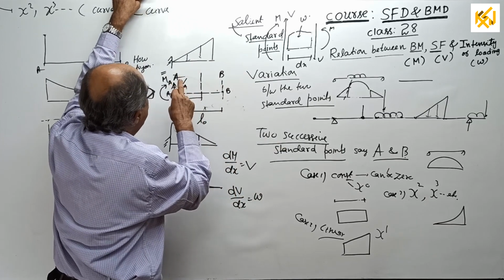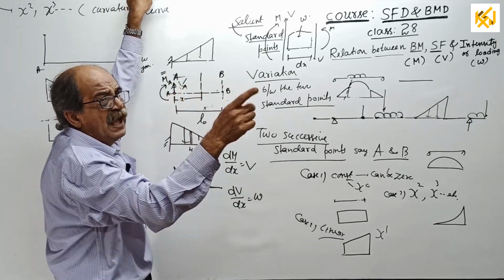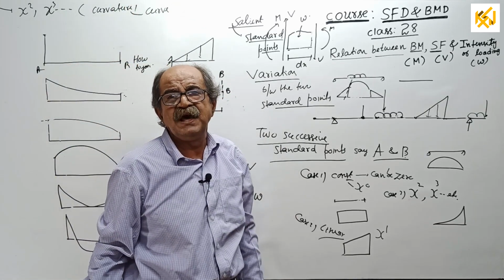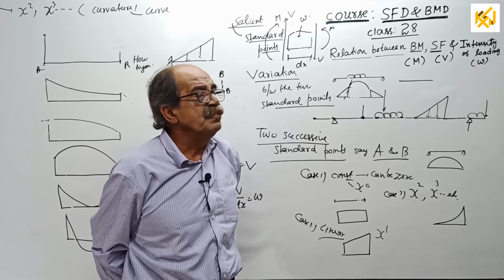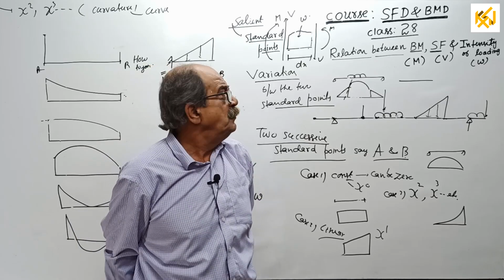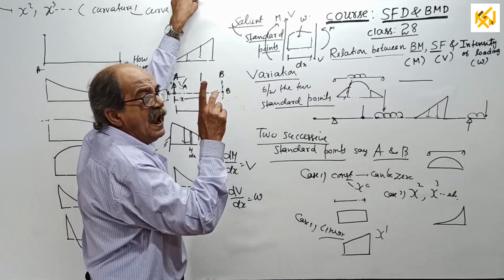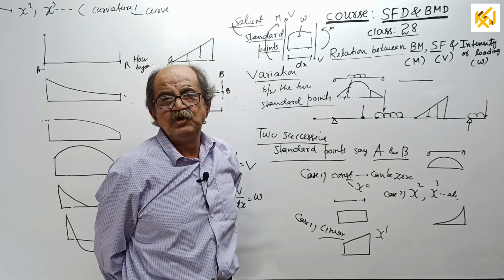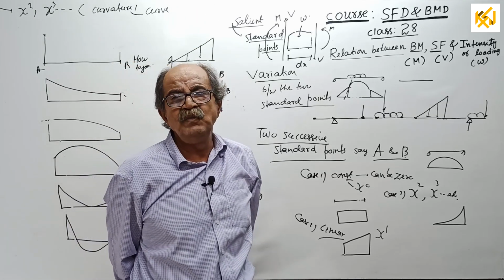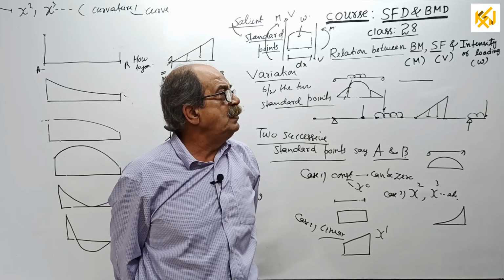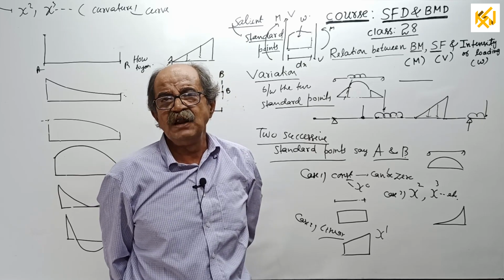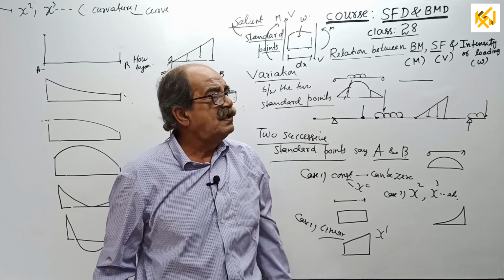I will tell, if VA is 0, what happens? So many people don't consider that. That is the case of zero shear force between these 2 points, and that means, as you will know later, the bending moment will be constant. When bending moment is constant, it is also called pure bending.